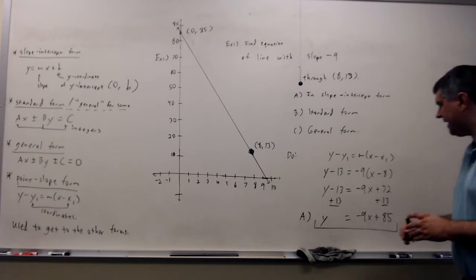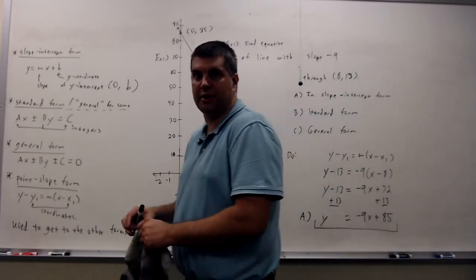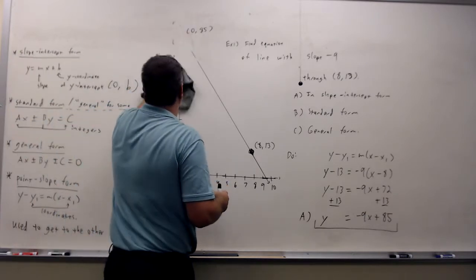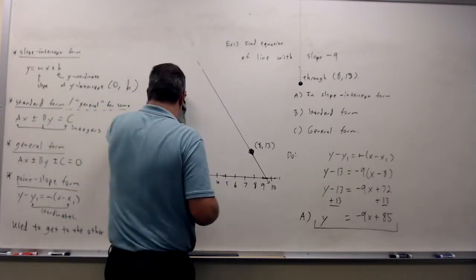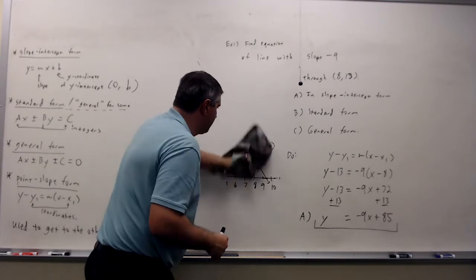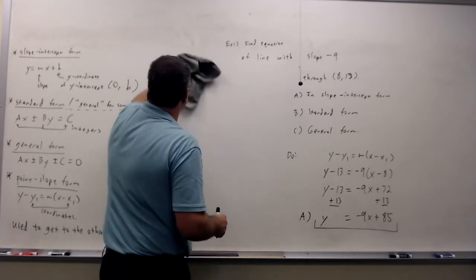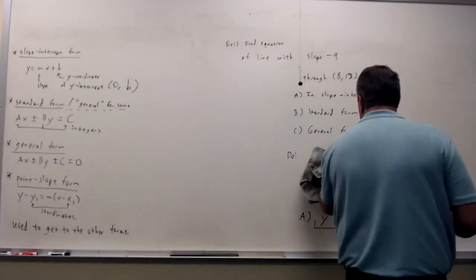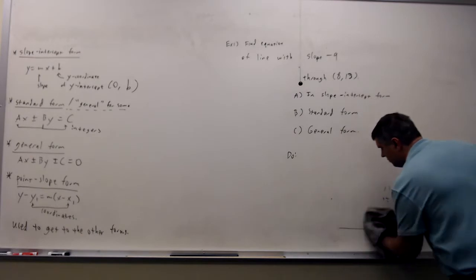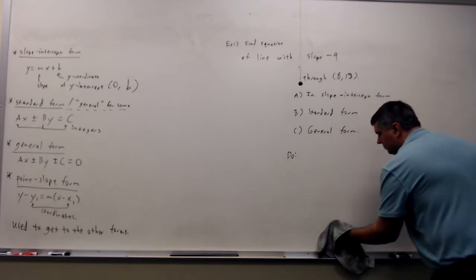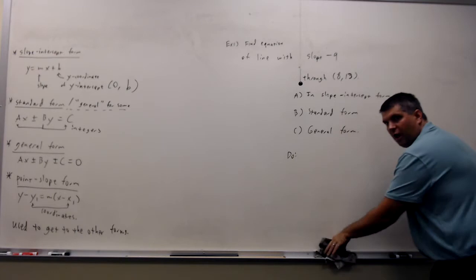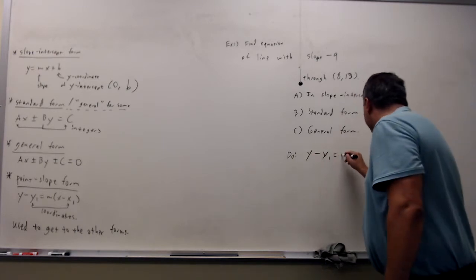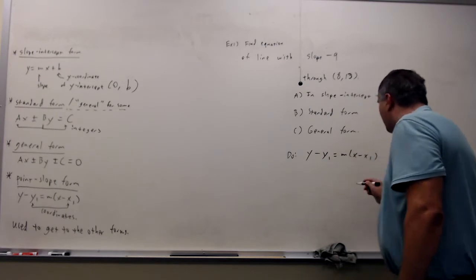Okay, so in most cases, you're not going to be given a picture. So I'm taking the picture off the board, and I'm going to start from scratch without a picture. But I wanted you to see what it looked like, the connection. So I'd start with y minus y sub 1 equals m times x minus x sub 1.